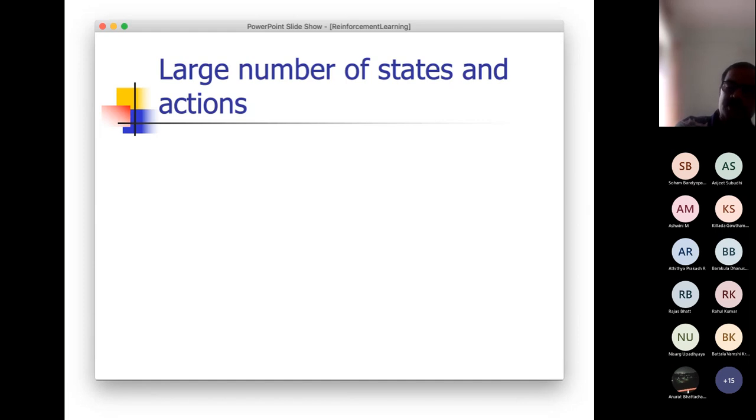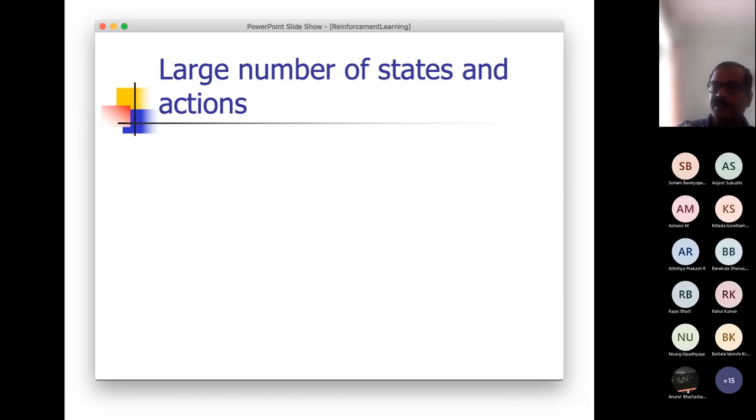There are certain issues, of course. The system may be very complex, where you have a very large number of states and actions. Then this particular type of algorithm is not very suitable, in the sense that, as you have seen, we have to store the state action pair values, in the form of a table, and then since you are choosing the maximum, you have to make a kind of tabular search.